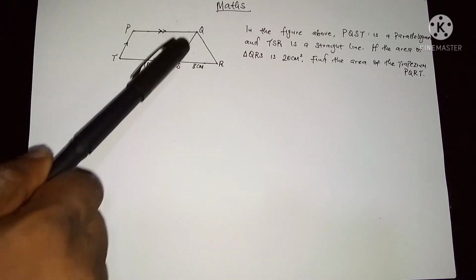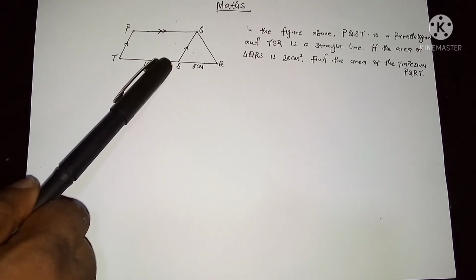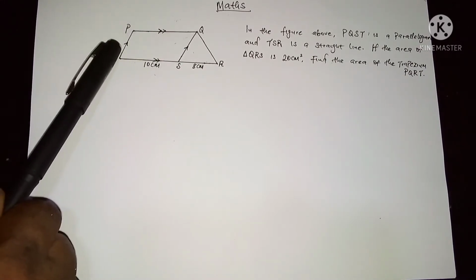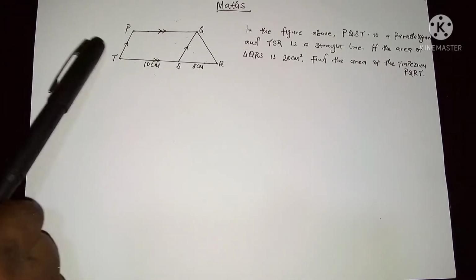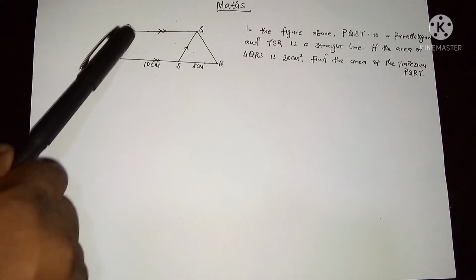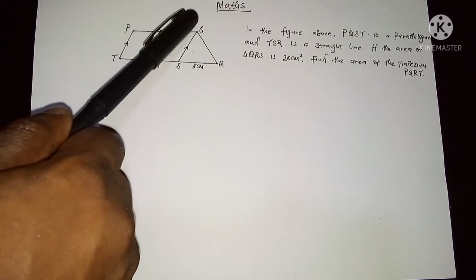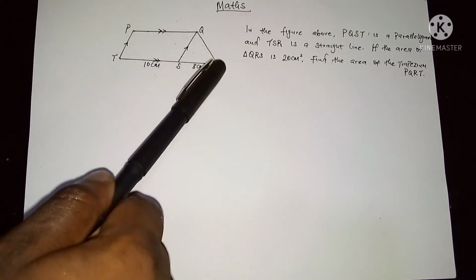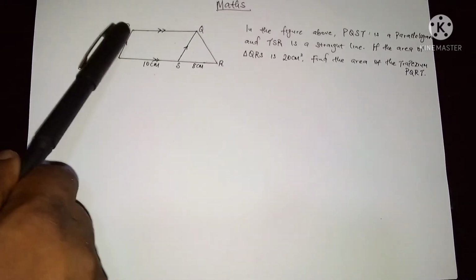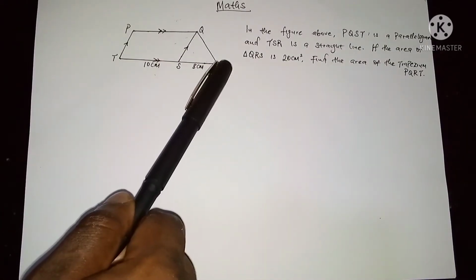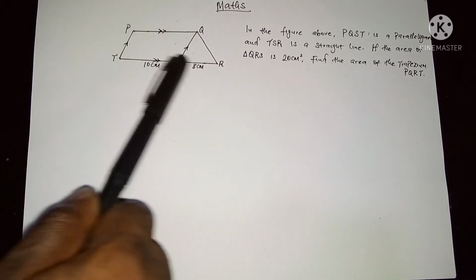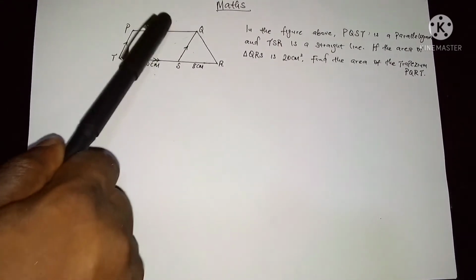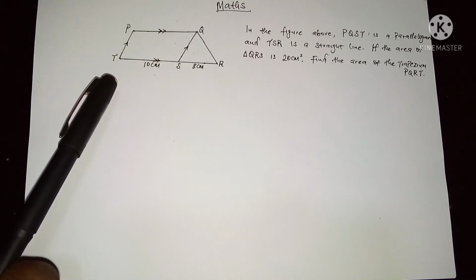The other two sides are called the legs of a trapezium, this one to the left and this one to the right. The two parallel sides are the bases: the base up and the base down.